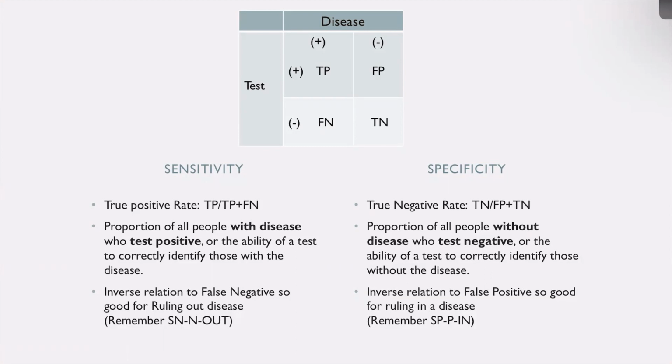So let's first discuss this 2x2 table. On the top you again have the disease, and on the left side you have the test that you're intending to administer. Here you have test positive and also disease positive. Both of them positive, meaning it's a true positive.